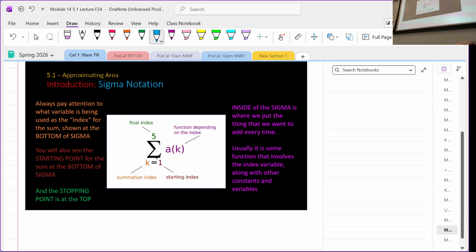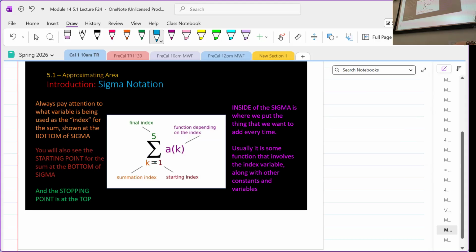So when we write our big sigma, we're going to have a variable that we're going to write a formula in terms of. We typically use k, but sometimes we'll use i. Either of those letters tend to show up in programming when you're doing loops. So k equals, and then you pick a starting index.